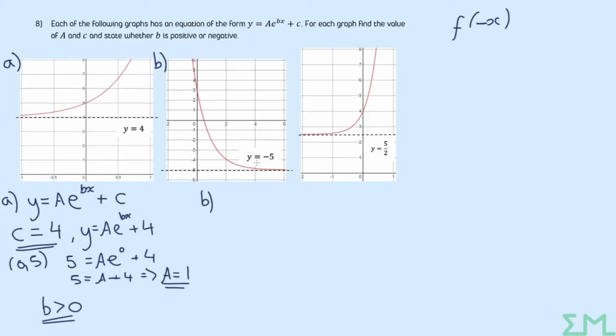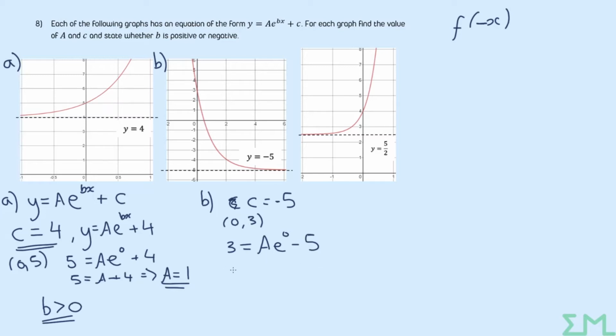So let's have a look here. Again, where the asymptote is tells us what the value of c must be, because that's the only way that the asymptote can be moved around. So straight away we can go with c equals minus 5. And then we've got our intersection point there of 0, 3, so we can put that point in. 3 equals a e to the 0 minus 5.